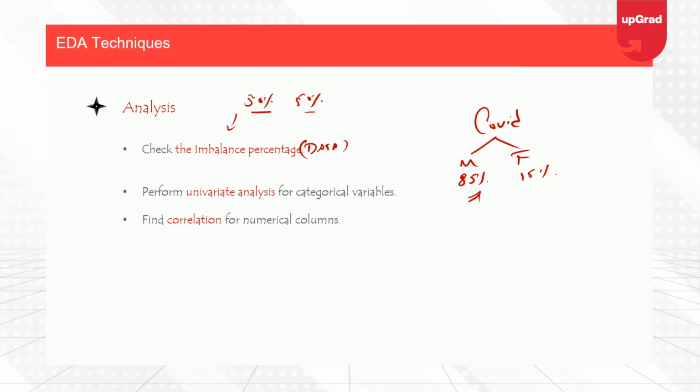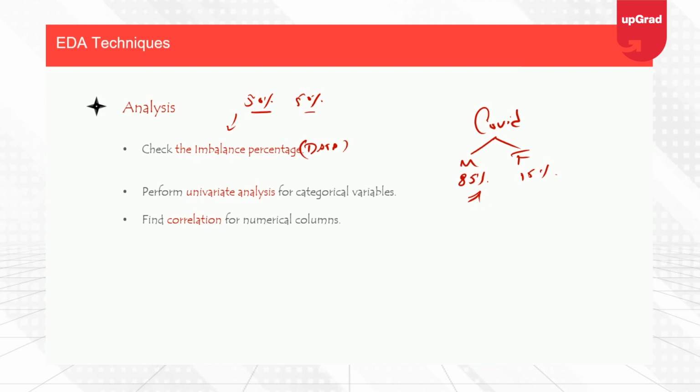So basically imbalance is just for understanding the behavior of the data, or what kind of pattern the data is presenting to us. So based on the imbalance percentage, we try to interpret it.